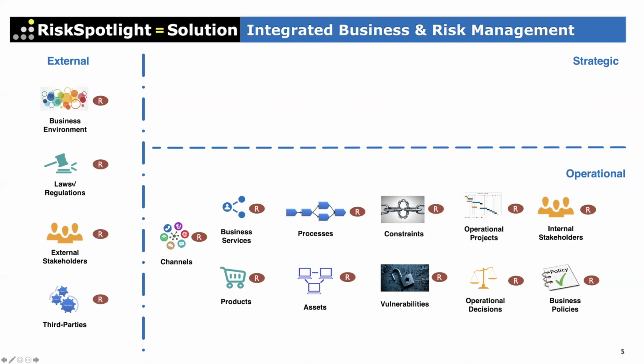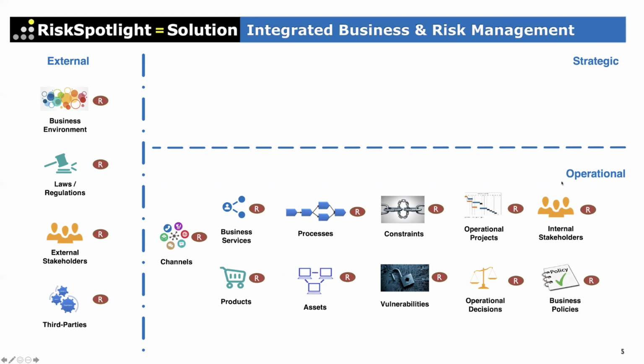You have your rules and regulations you need to comply with, and they may be changing in different countries where you're operating. You have your external stakeholders, mainly your customers, and you also have your third parties outside your organization. Those are the different aspects which can impact the way the first line is running the day-to-day operations.